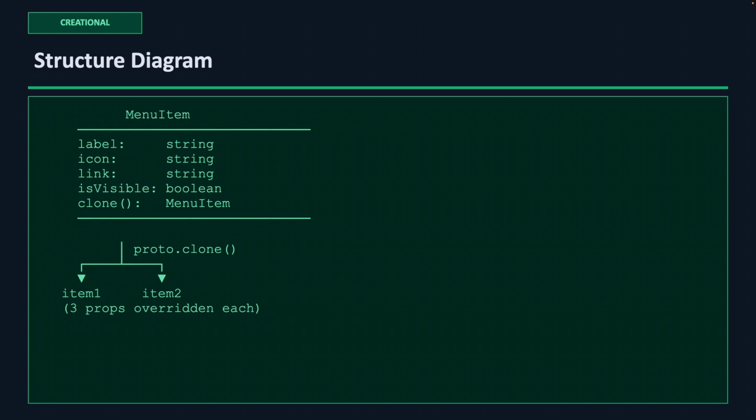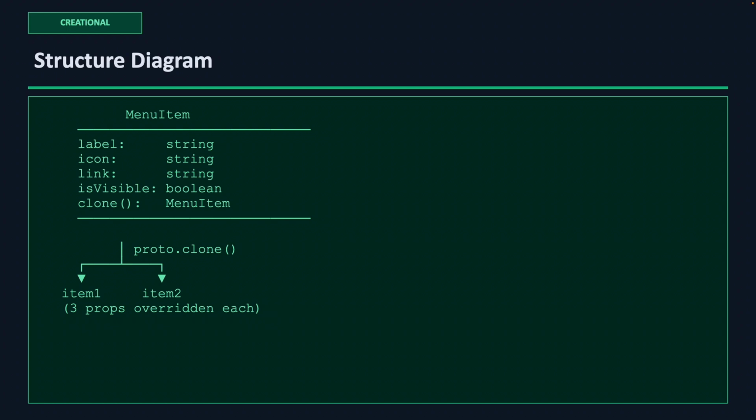Here we have the structure diagram that we're going to use in our demo. The structure is very limited. It just has one class with the clone method. In the classical Gang of 4, there's usually an abstract prototype interface that declares the clone method, and one or more concrete prototypes will implement it. In Typescript, there's just a single concrete class.